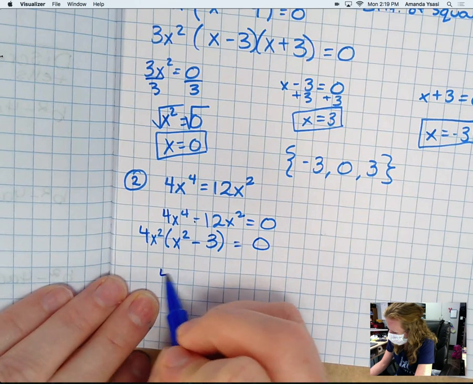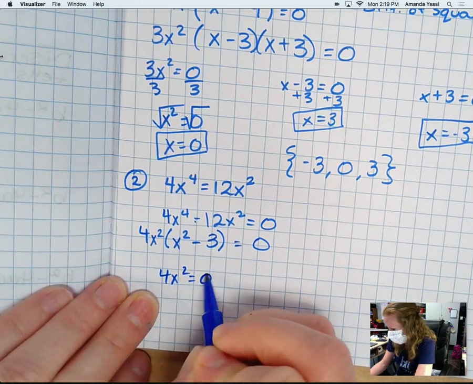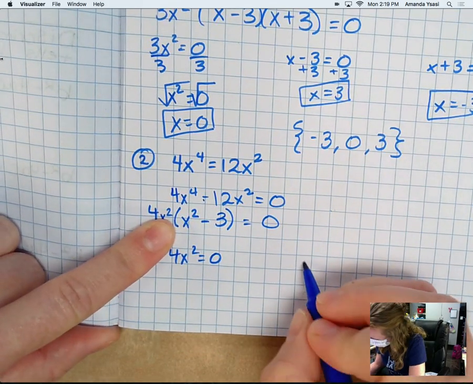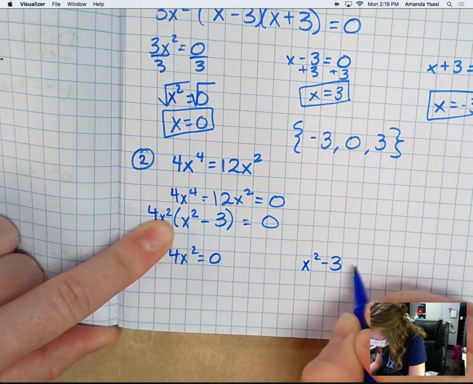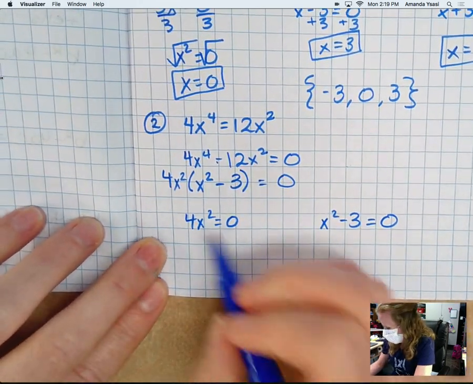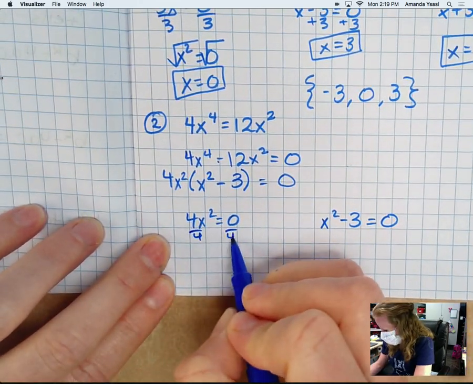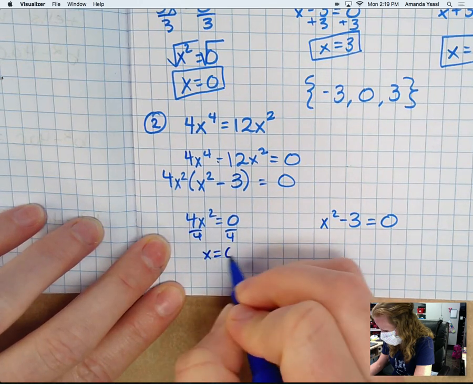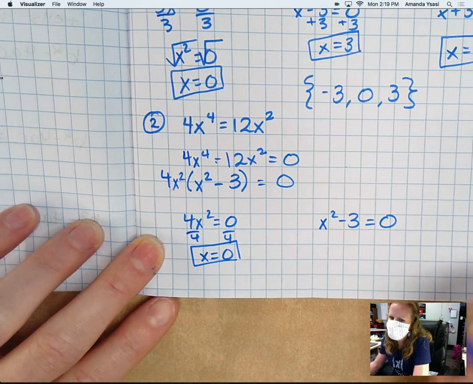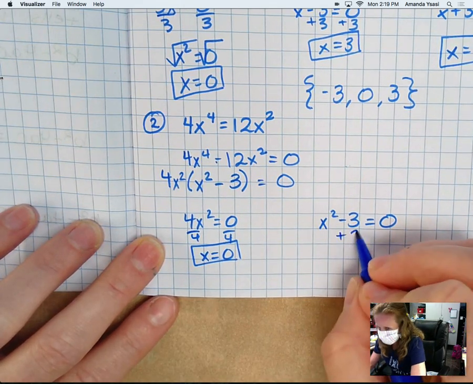So then you set them both equal to 0. You can't factor this because they're not perfect squares. So we divide by 4, take the square root, x equals 0. And then add 3.